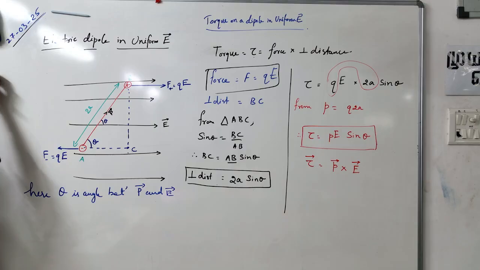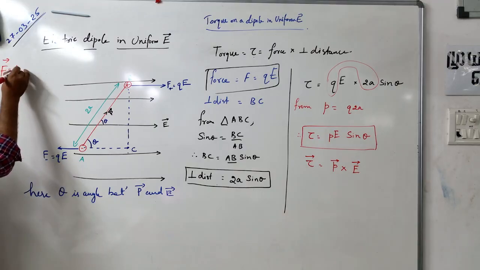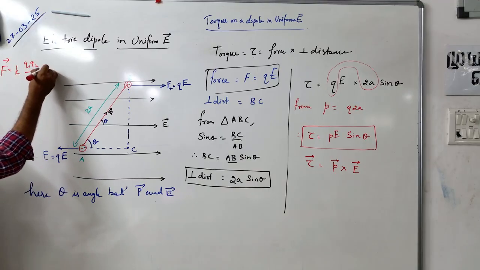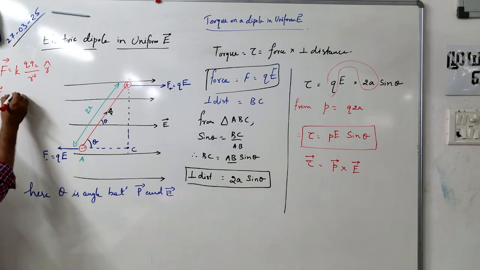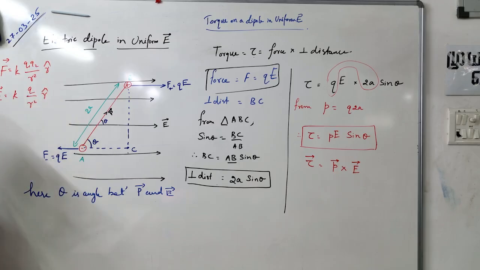The first equation was F vector is equal to K Q1 Q2 divided by R square into R cap. I hope you remember this. Got it? The next vector equation is the electric field vector equation, which is equal to K into Q divided by R square into R cap.